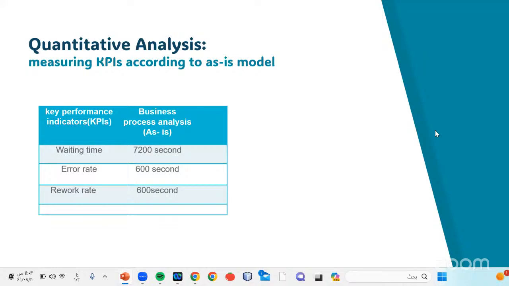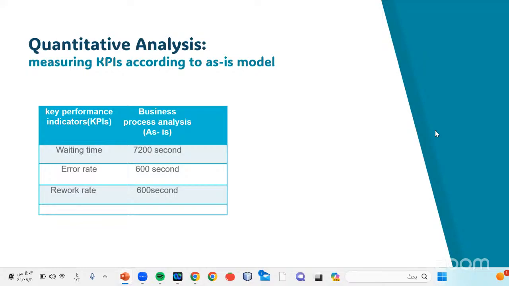Error rate takes 600 seconds. This is the amount of time lost due to mistakes in processes like data entry or inventory tracking. A high error rate indicates the need for process improvement and better accuracy in our warehouse operation. Rework rate takes 600 seconds.